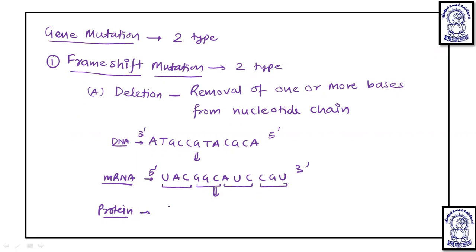UAC is the first codon, which codes for the amino acid tyrosine. GGC codes for glycine. AUC codes for isoleucine. And CGU codes for arginine.